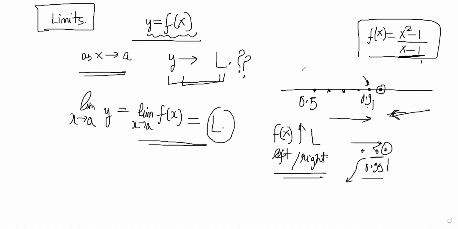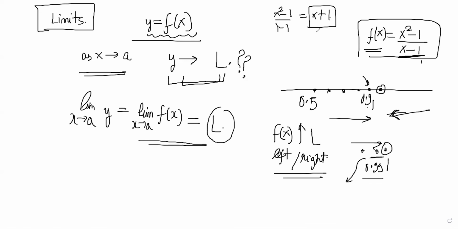For example, if you have this f of x function here, we cannot directly put x equal to 1. So x is not equal to 1, which means now what we can do is cancel the factor x square minus 1 by x minus 1. So you will get x plus 1 on top.